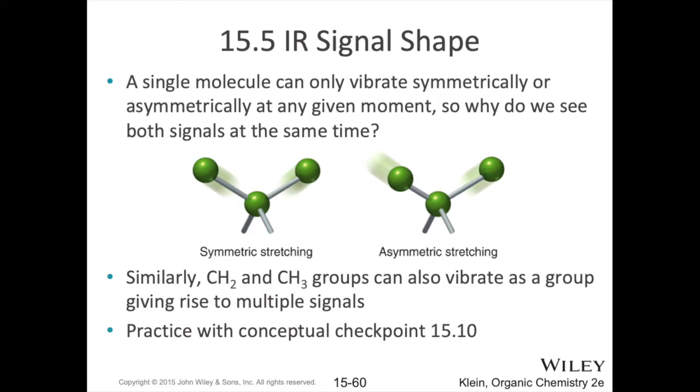So for example, if you have methylene or methyl groups, this effect also comes into play. That being said, since we're usually dealing with a lot of these carbon-hydrogen bonds, typically it gets lost in the shuffle. So it's probably not as obvious as with a primary versus secondary amine, which has a pretty strong, pretty broad signal, and therefore it's a little bit easier to observe.